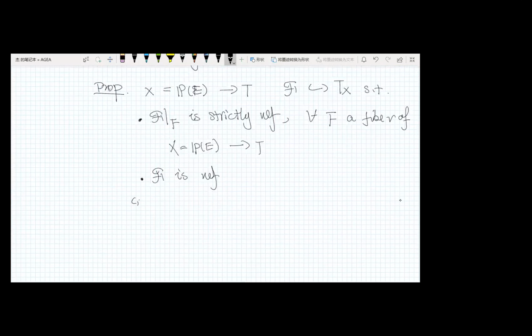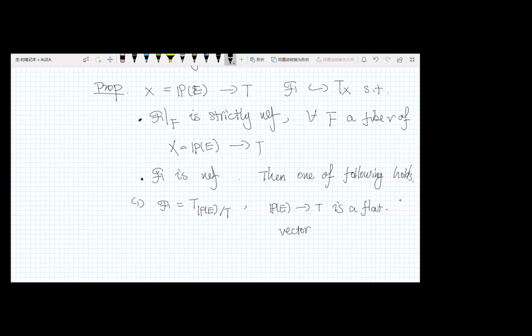Then one of the following holds. The first case is F is the relative tangent bundle, and this P(E) over T is a flat projective bundle.